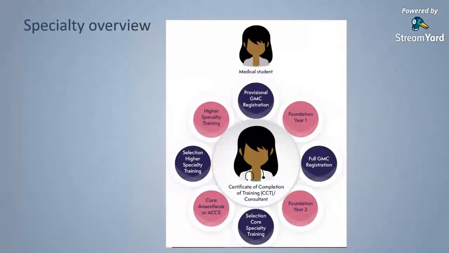In my case, I applied straight away for anesthetic training after F2. Now I'm in the middle of completing my core training, and after that you can apply to be a registrar, and after registrar you can get your certificate of completion of training, in which case you will be a consultant. Roughly it will take around 10 years to be a consultant here.